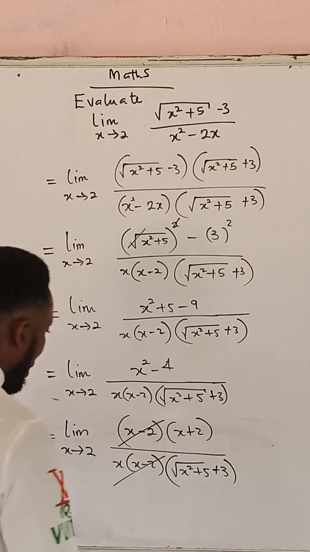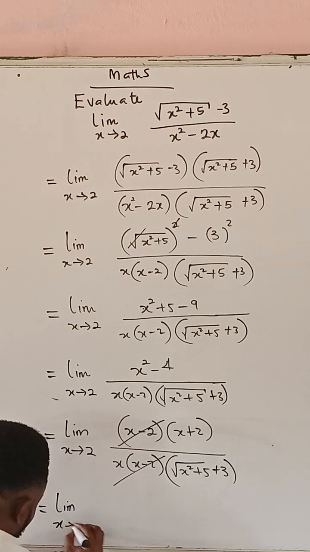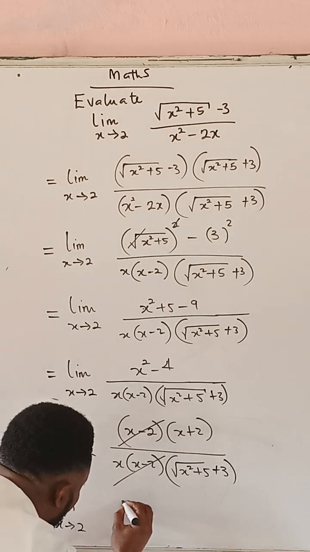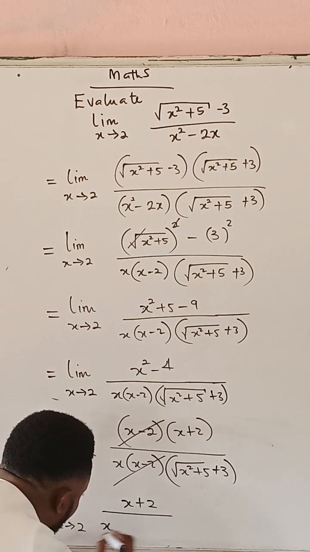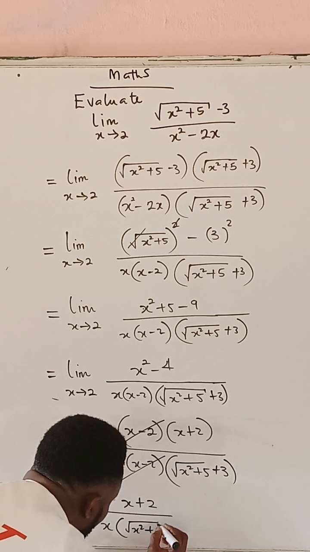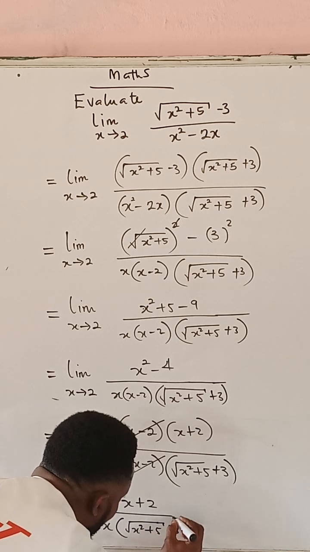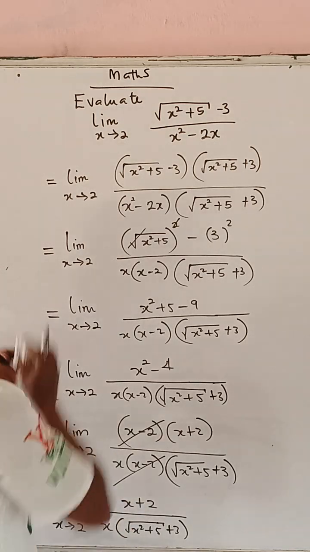Now what is left here is going to be limit as s tends to 2, on the numerator s plus 2, all over denominator s into the square root of s squared plus 5 then plus 3. So if we plug s equal to 2 here, that's very primary arithmetic.